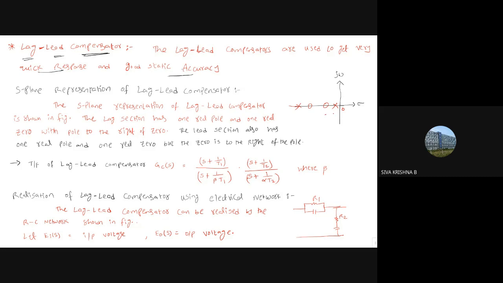So lag lead: 1 by beta T1, this 1 by T2, and this is minus 1 by alpha T2. So this is the pole zero plot of the lag lead compensator.